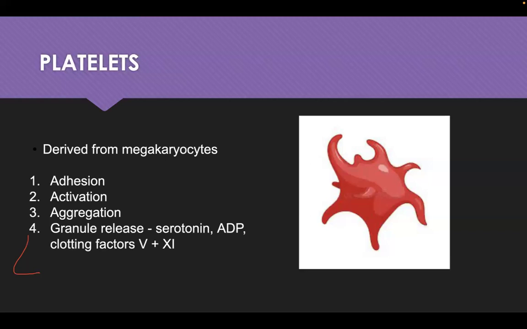And this is triggered by glycoprotein receptor interactions with ligands like von Willebrand's factor and collagen. And once these are activated, they can aggregate to form a plug and they release granules containing factors like serotonin, ADP, which allows further vasoconstriction and further aggregation, and clotting factors.